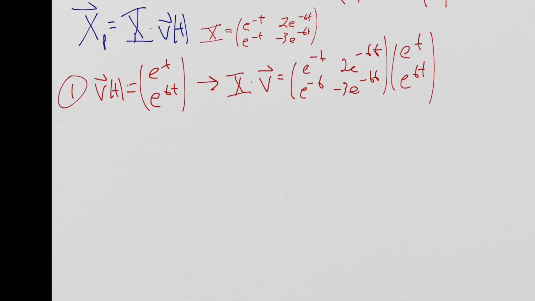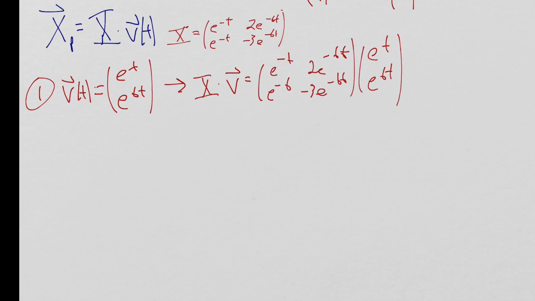Okay, so this multiplication is a little bit different from the square matrix multiplication, but we're going to go across and down in the same way. Notice if I multiply this e to the t by that e to the negative t, they cancel out and give me 1.